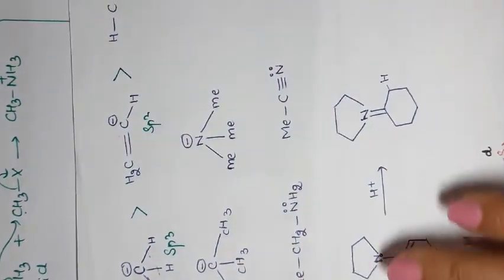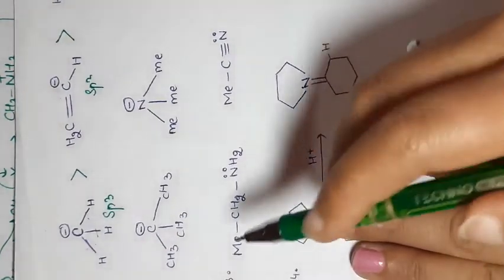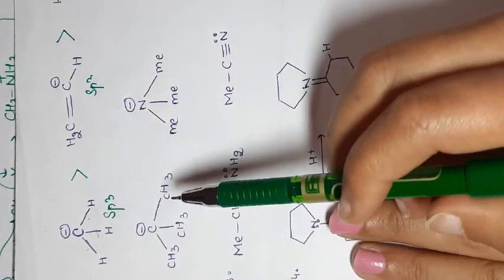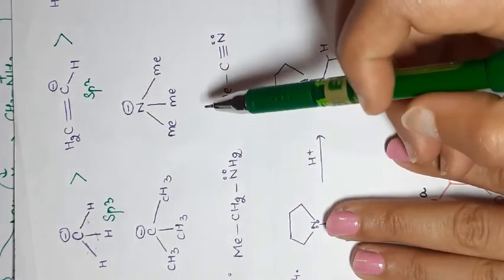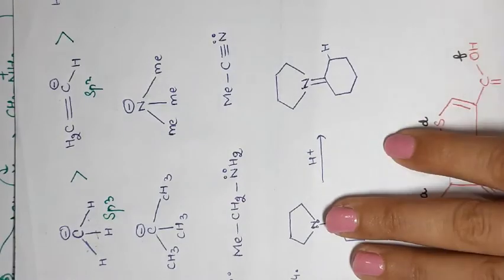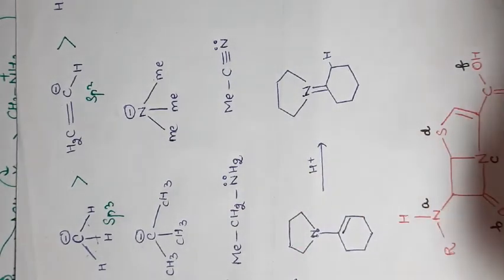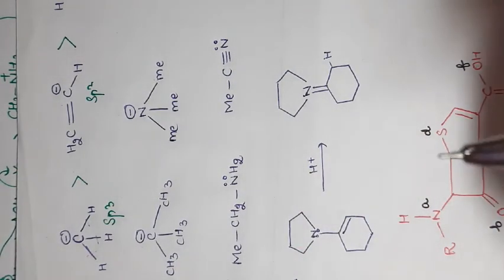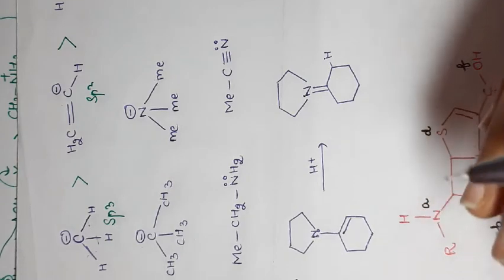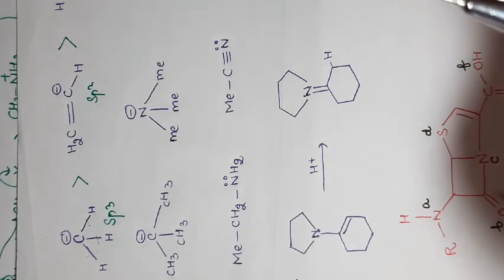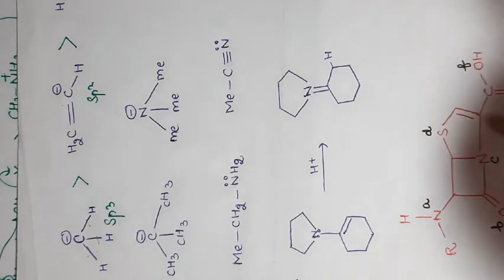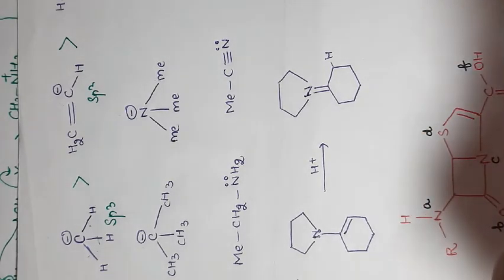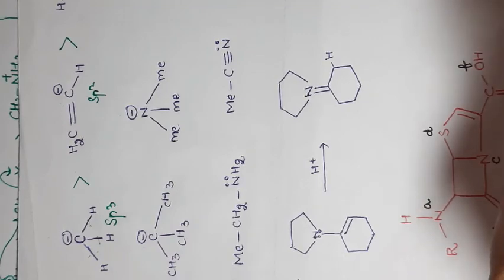Okay. Now the next example is, we have this carbon and this unit. First of all, we will be comparing the most common things. Whenever a question of comparability arises, what will we do? We will first eliminate the most common things, and the things which are different in both molecules will be the deciding factor to see which will have better donation.